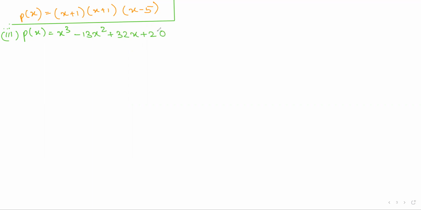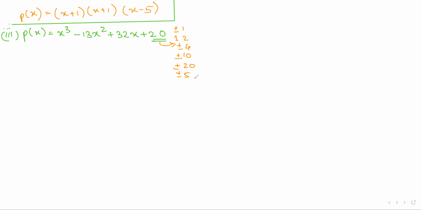Here, this is a big number, 20, which means 20 will have many factors. Let's write those factors. These factors would be plus minus 1, plus minus 2, plus minus 4, plus minus 10, plus minus 20. What's left? Plus minus 5. So you have 12 different values.